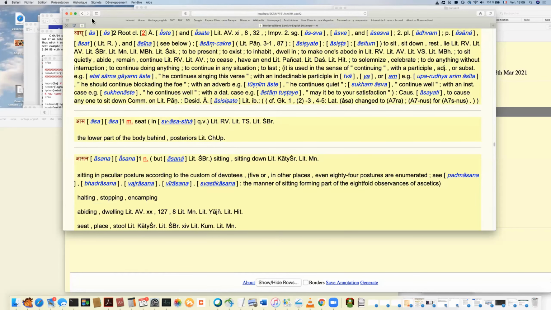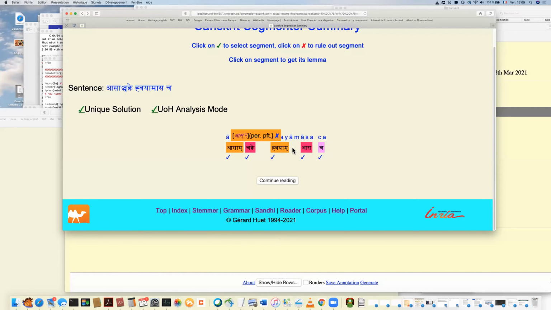See, so what this tangent means is that is sat and is said. Okay, so these are two forms with this periphrastic perfect.